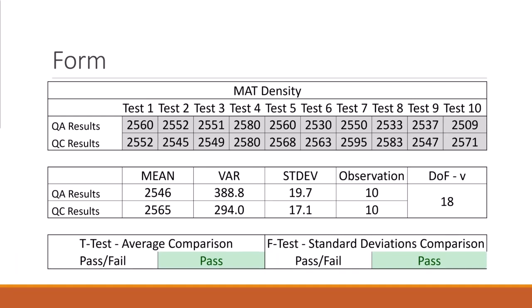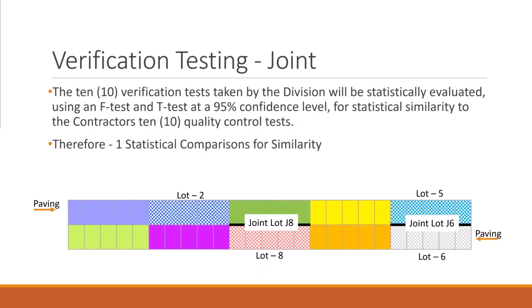You can plug in the 10 test data points from the QA samples and the QC samples. And the form will automatically figure out the means, the variances, and all the statistical values. It'll simply report a pass or fail for each of the comparisons, the average and standard deviation or variance tests. So this is an example for the mat density. It's very similar for the joint density. It's pretty much the same thing.